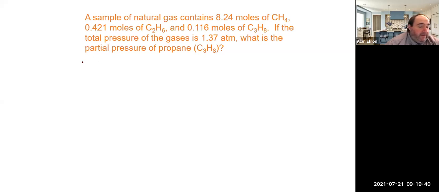Obviously we're doing something with partial pressures, so we may think about the ideal gas law, PV equals nRT. In this case, we're given the moles of 3 different gases. So we do have moles, and we always have R, and that's sort of all we're given. We're missing volume and temperature, so the ideal gas law is probably not going to be too helpful in this particular case.